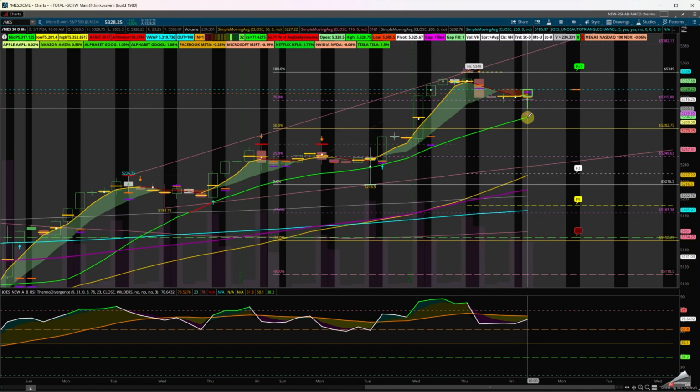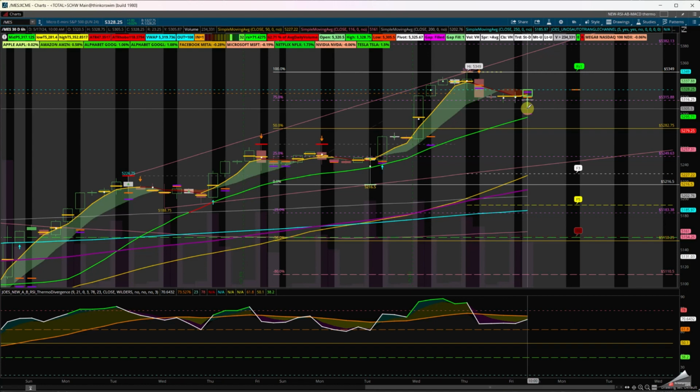We are holding the 18 SMA, and we went back inside the range of the Thursday candle. If we're going to continue, we're going to pay attention. If we break above the 53, let's call it 50, we have to hold 53.0550. This is a bullish candle on Friday into the close when we pushed up higher.